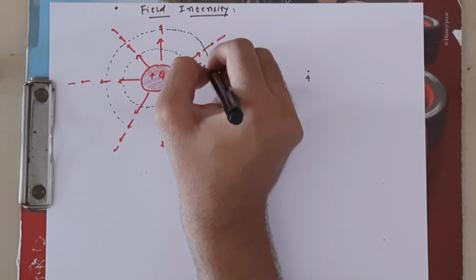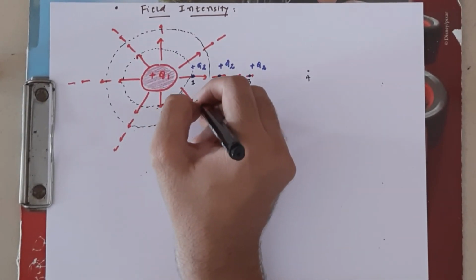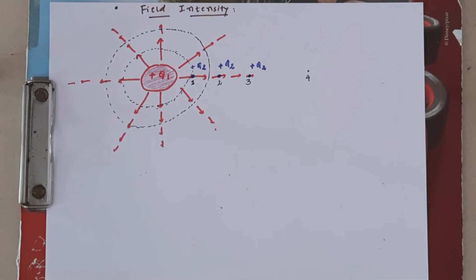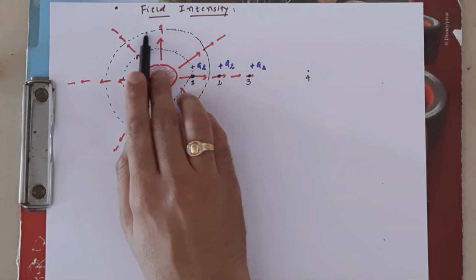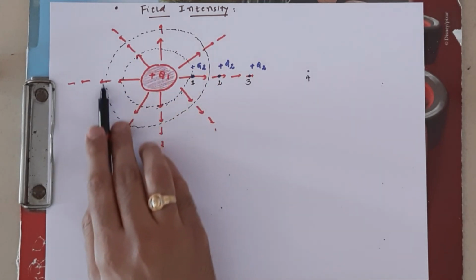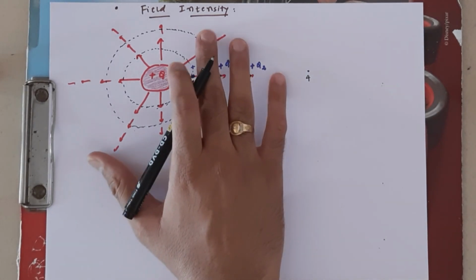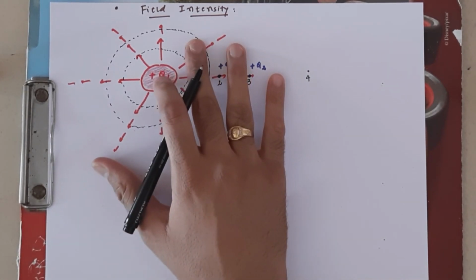At this circle the field intensity is less compared to the first case. Clear? The field intensity is the same around the second circle, but it is less as compared to the first circle. So it is known as electric field intensity. It's just a simple idea regarding the field intensity, or you can say field strength.